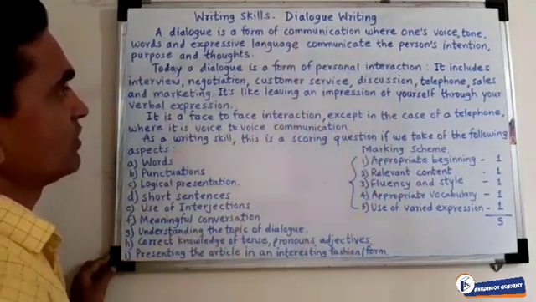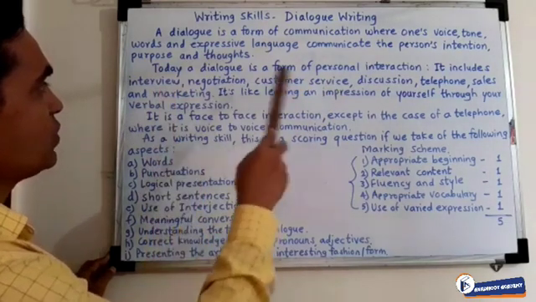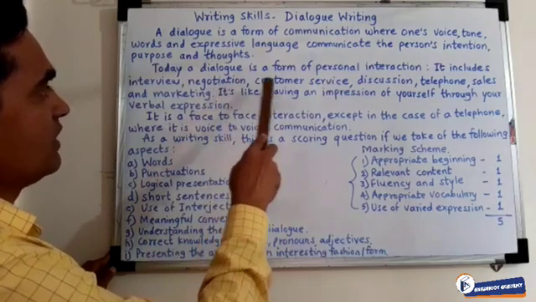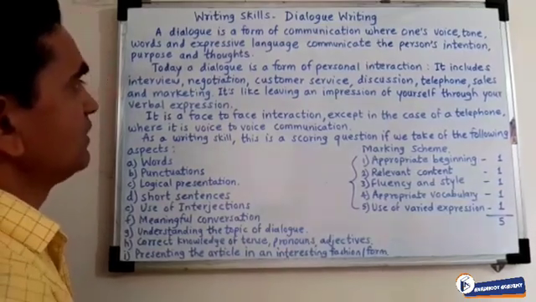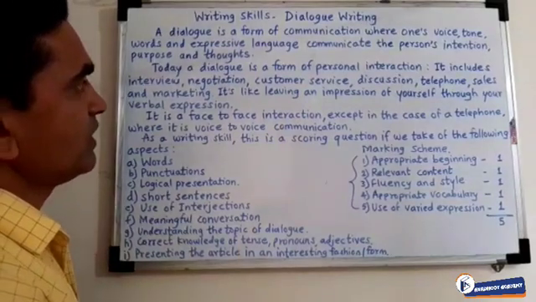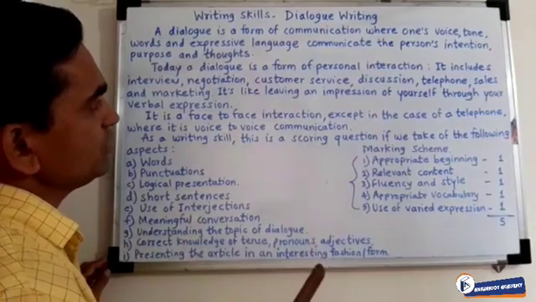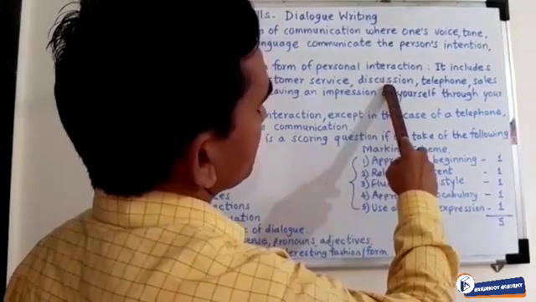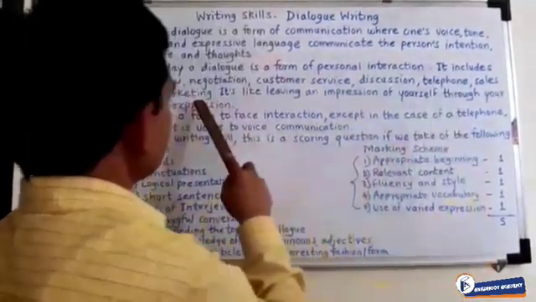When we take an interview, dialogues come in. When you go for negotiation, there also dialogues happen. In customer service, the consumer care person talking to us is a conversation between the customer and the representative. Discussion also goes on between two or among several persons, as do telephonic conversation, sales and marketing.